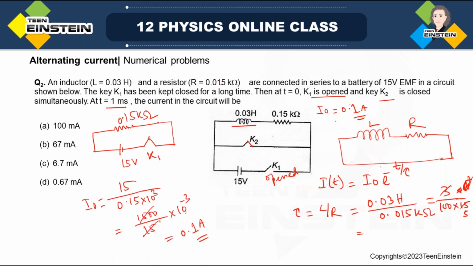Did I write this correctly? I have to just check once. No, I'm sorry. This is actually 0.1. That's why the value will be different. Okay, so just a minute. Here it is this one.